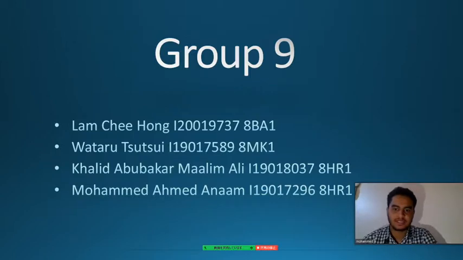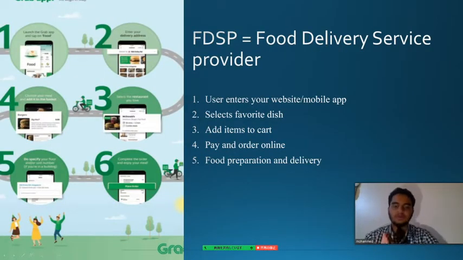Next slide, please. For the first thing, we will be presenting in our project, which is the FDSP, the Food Delivery Service Process. And this FDSP has 5 steps.